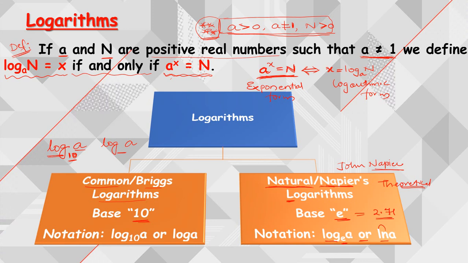Whenever you are given natural logarithm of a, you need to understand that it has base e. Whenever you are given log a, you need to understand that it is a common logarithm, that means it has base 10.